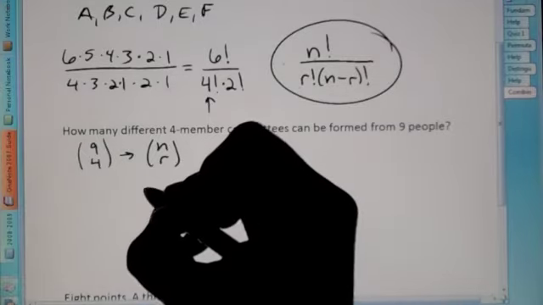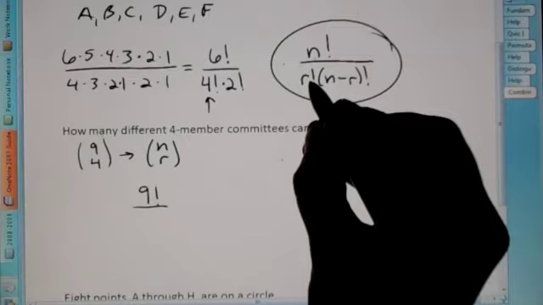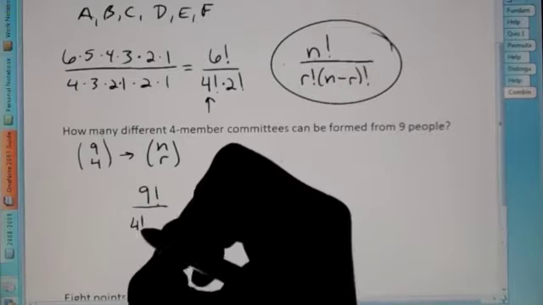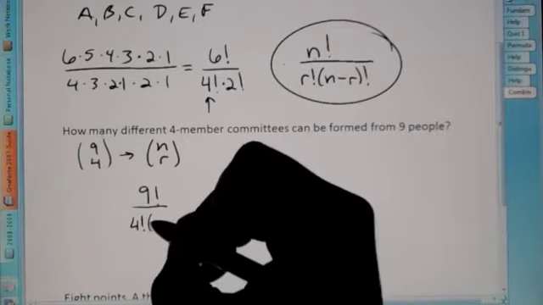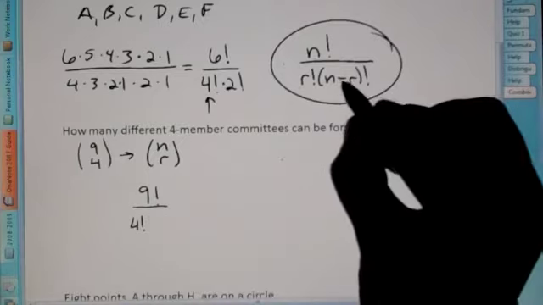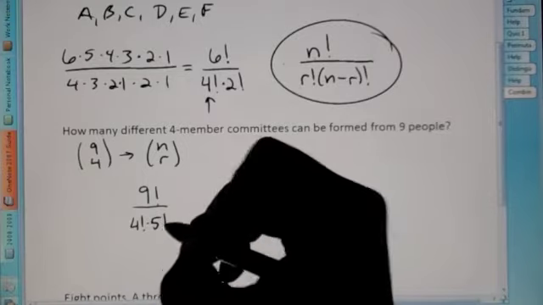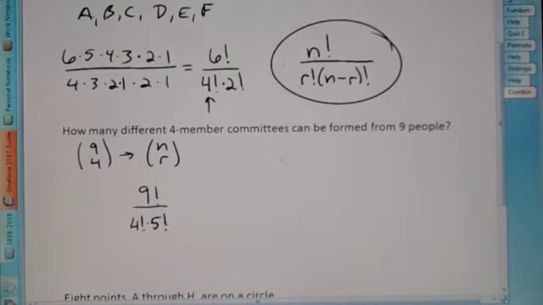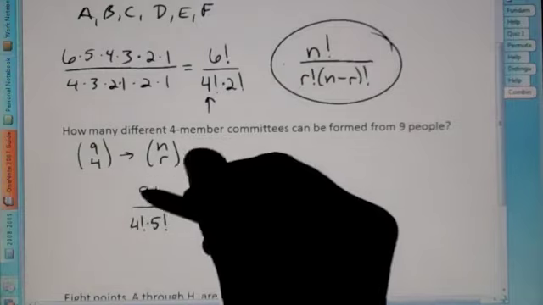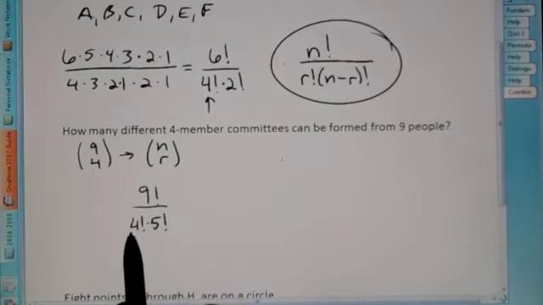So n goes up top: 9 factorial over r factorial, which is 4 factorial, times n minus r, so 9 minus 4, times 5 factorial.